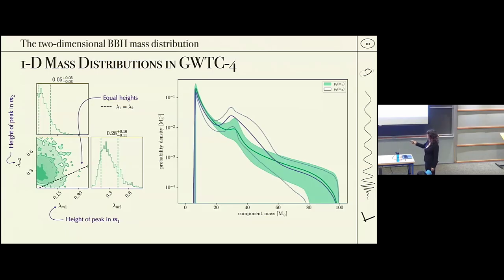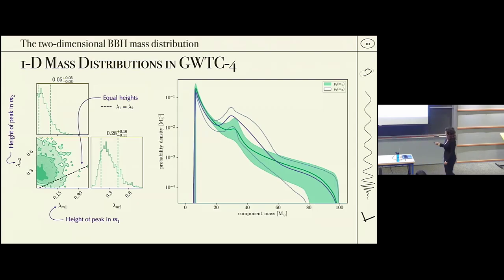You can see that lambda M1 is consistent with 0, so meaning no peak, whereas lambda M2 is not consistent with 0. And most of the posterior support is above this lambda M1 equals lambda M2 line. So we're preferring the peak to be higher in the secondary mass distribution, although it's definitely not ruled out that the peaks are the same exact height. So this dashed line goes through the posterior.